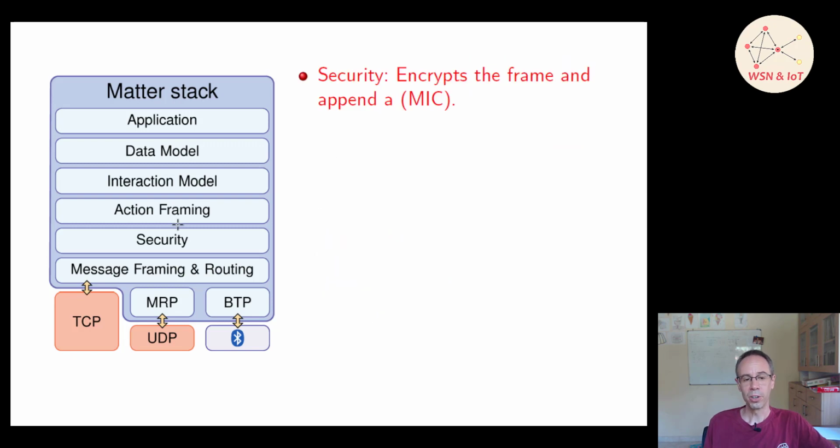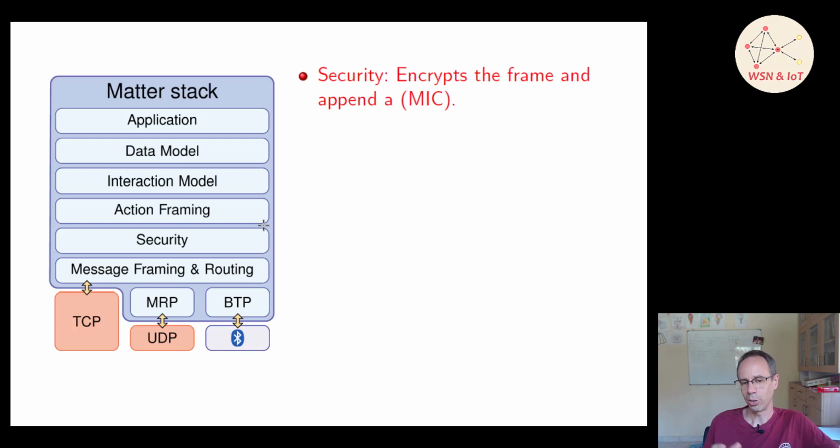Then the encryption is coming. The frame which we generated before will be encrypted with a normal encryption algorithm which we know already from IEEE 802.15.4, the AES CCM algorithm, so quite safe, symmetric encryption. The key exchange is a little bit interesting.